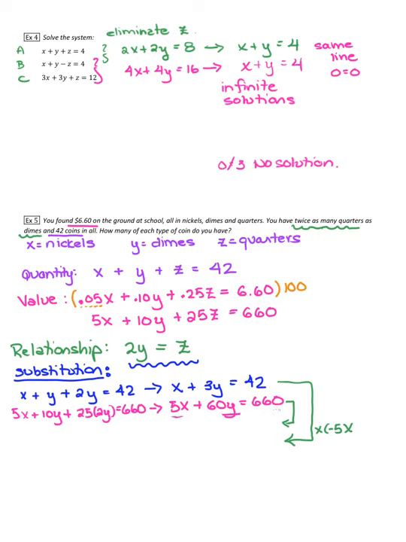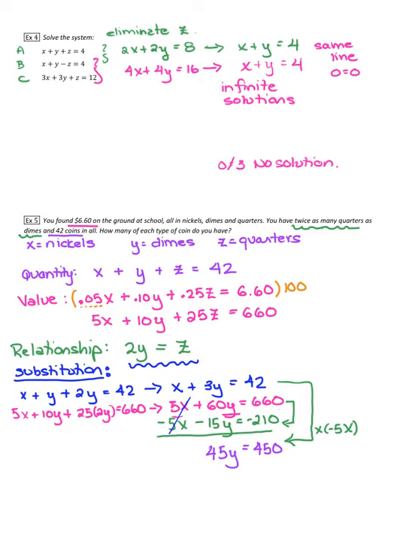So that gives me a -5x minus 15y, and then -5 times 42 is -210. So now I can just add these two equations together. Notice that my 5x will cancel, and so 60 minus 15 is going to be 45y, and this turns into 450. Look at how friendly that is.